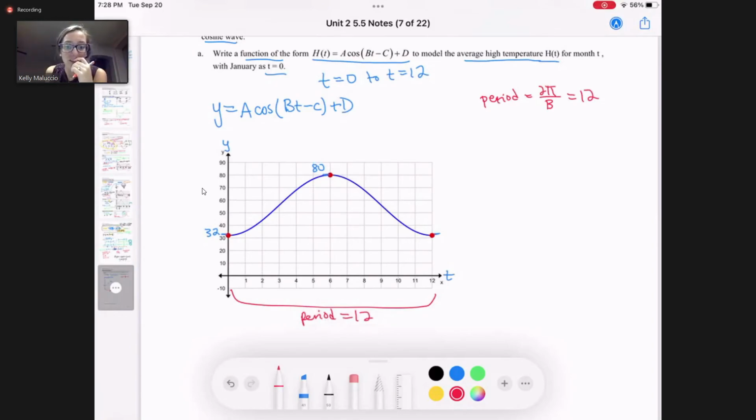Here, I would multiply both sides by b, or you could cross multiply and then divide. So you get 12b equals 2 pi. Then you divide by 12. So b equals 2 pi over 12, which is pi over 6. So b is going to be pi over 6 in this case.